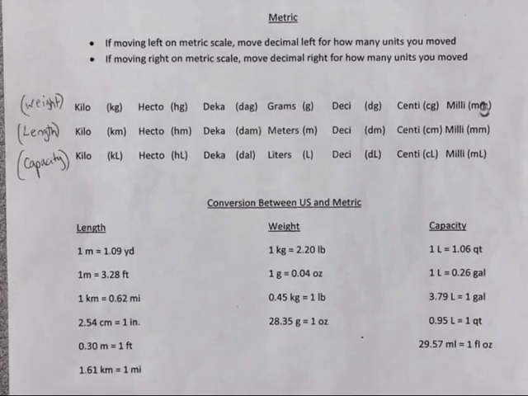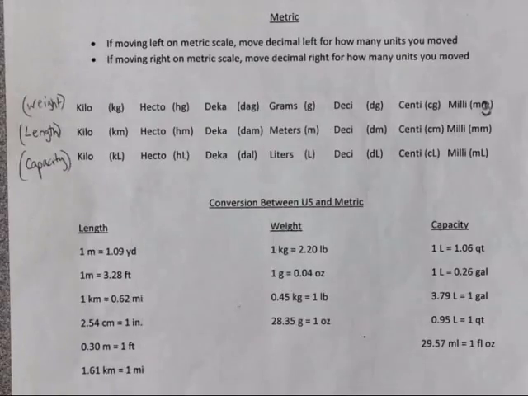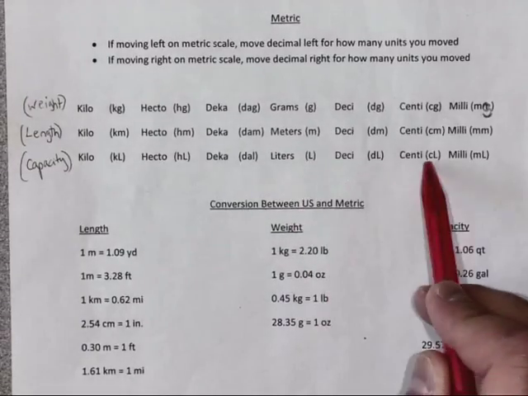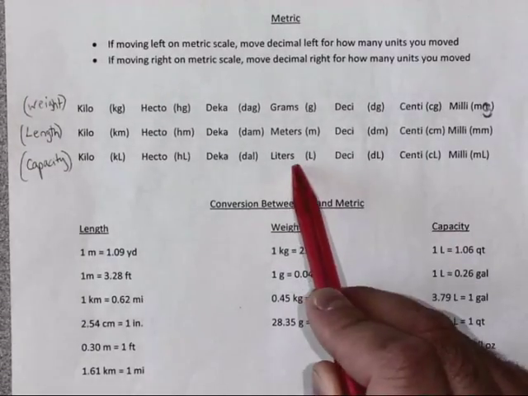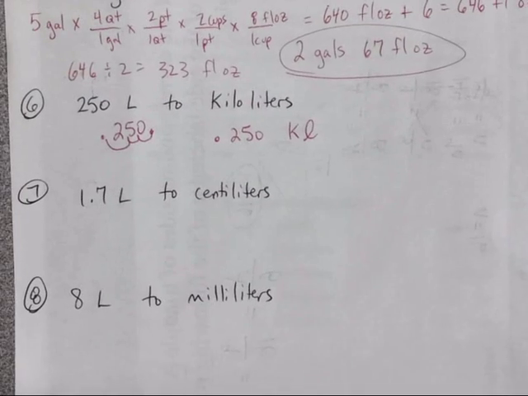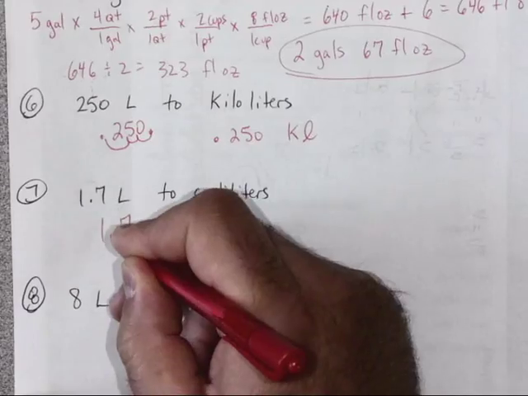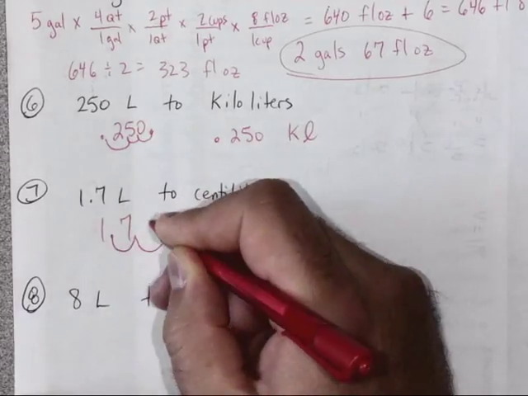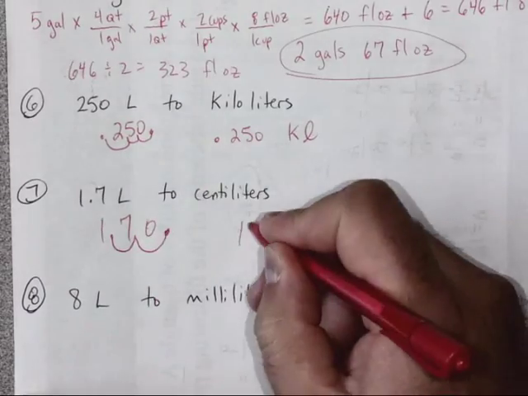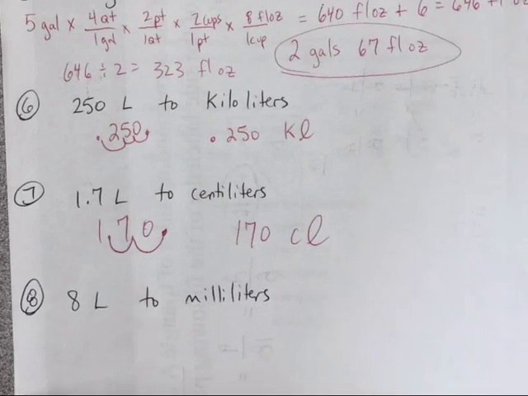Okay, 1.7 liters to centiliters. So here's liters, here's centiliters. So I'm going to move the decimal 2 places to the right. So here's the decimal in 1.7, 1, 2, and then I'm going to put a 0 in between. So 170 centiliters.